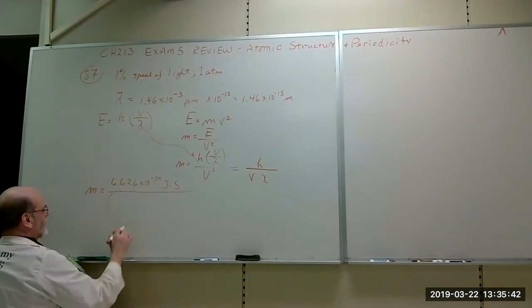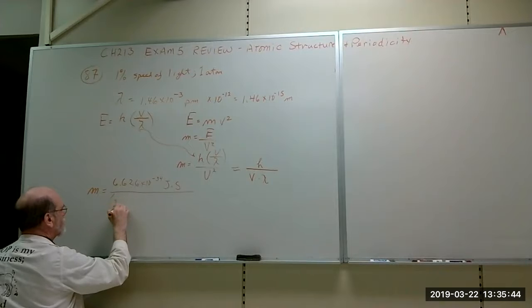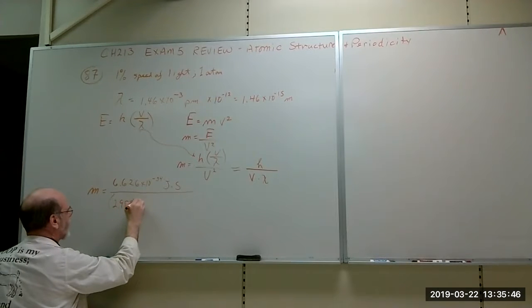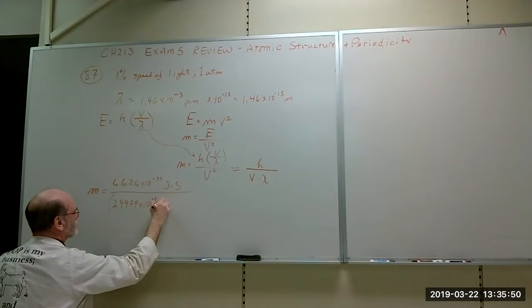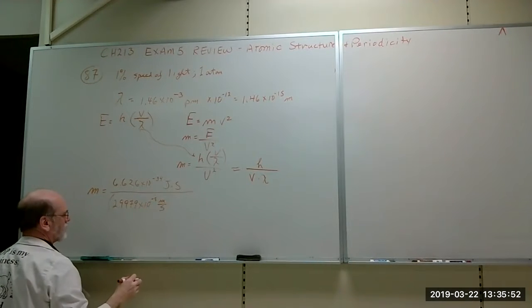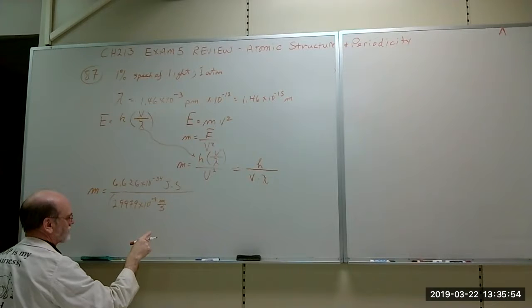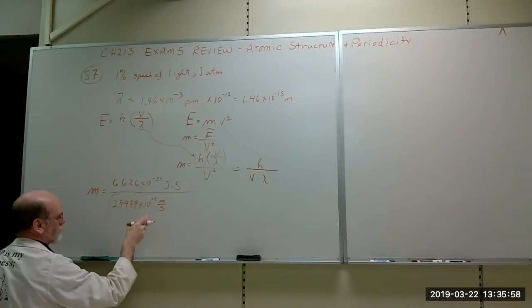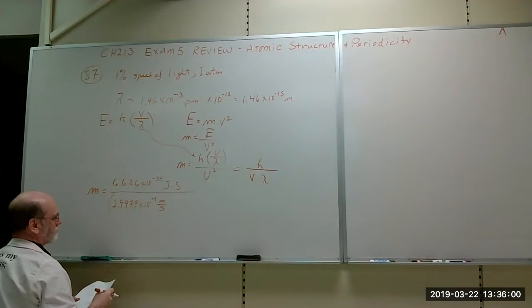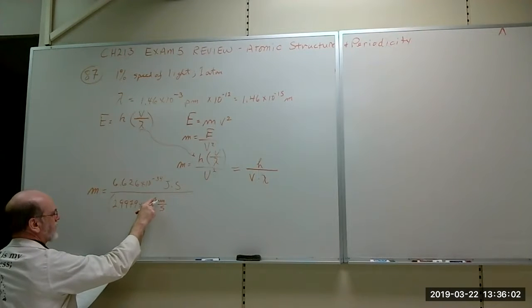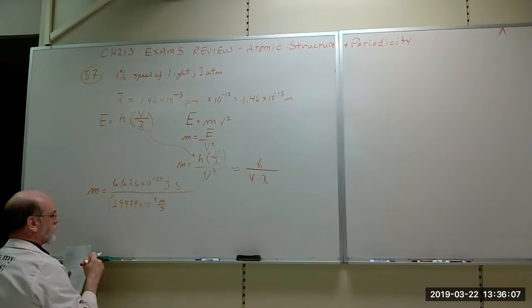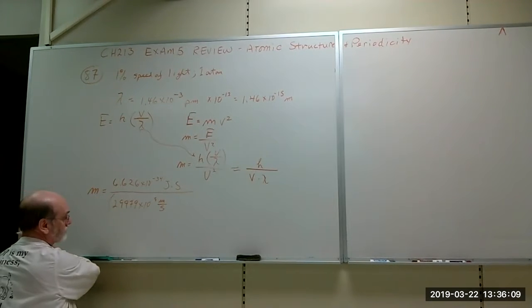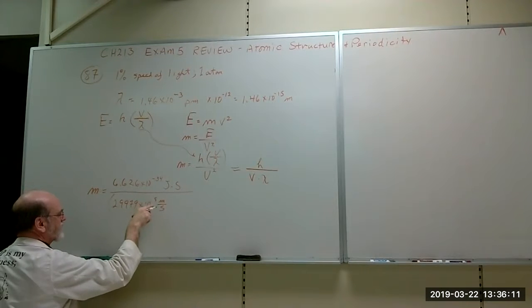Well, the speed of light is 2.9979 times 10 to the 8 meters per second. But 1% of that would be 100th of that, right? Oh, excuse me, 10 to the 8. Whoa, that'd be a slow photon, wouldn't it? So that's 10 to the 8 meters per second.